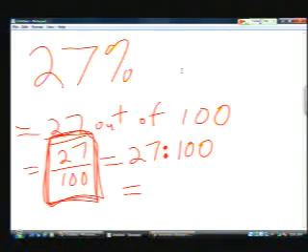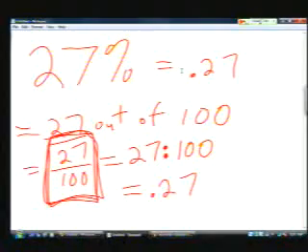Change that 27%, or 27 one-hundredths, to a decimal. What is 27% as a decimal? 0.27. Very good, 0.27. So when you see 27%, it's 0.27. Now remember, if you see 27 over 100, that's 0.27.